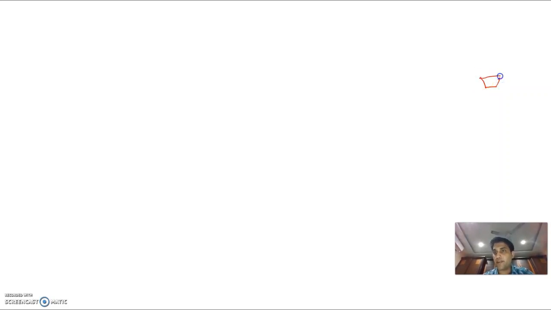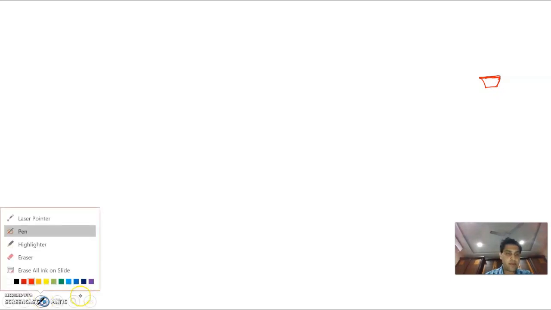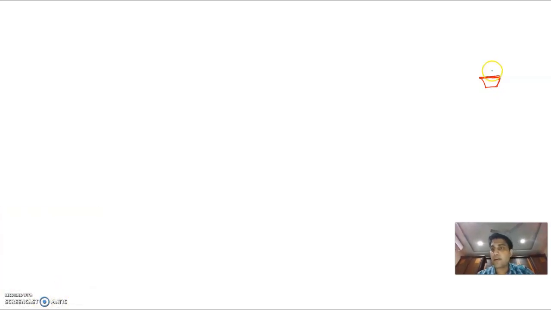This is the pot in which you are growing your tree, and this tree grows like this, then grows like this, and finally like this.